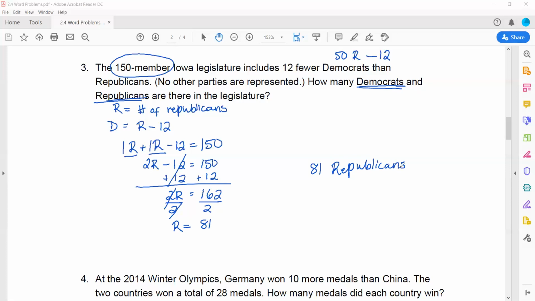And the Democrats, well, we know there's 12 fewer Democrats than Republicans. So we know we need to subtract 12 in order to find the number of Democrats. And we can use this equation up here to figure it out. So it's the number of Republicans, which is 81, minus 12, subtract 10, we get 71, subtract 2 more, and we get 69.